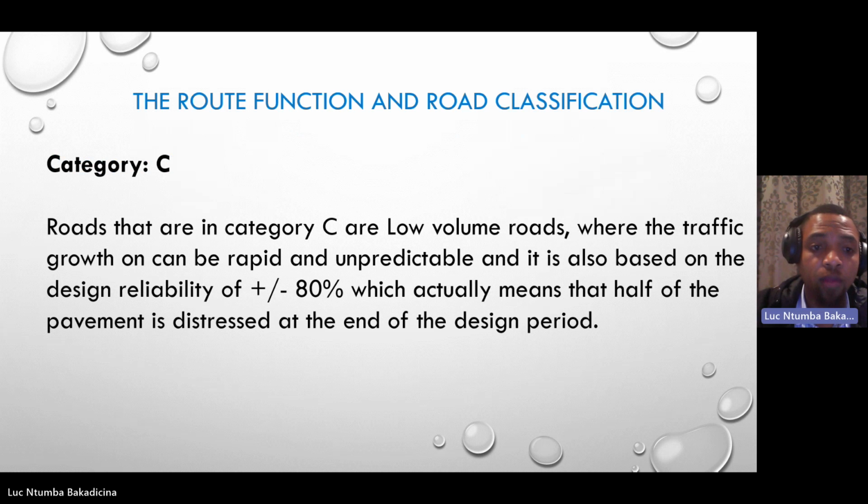The road function, as you can see here, is category C. However, it's better to understand that in the project brief, we were asked to upgrade it to category B. A category C road is low in volume, right? I'm not saying that because this road is low in volume, it is not of high importance.